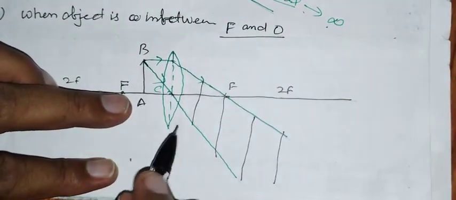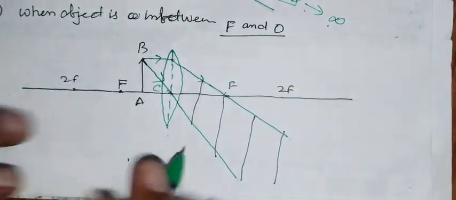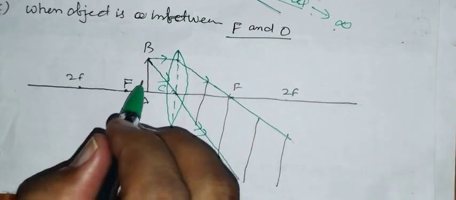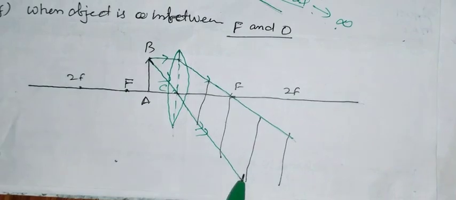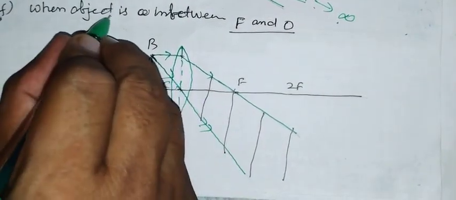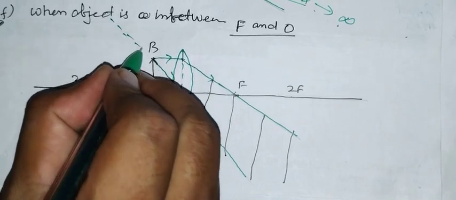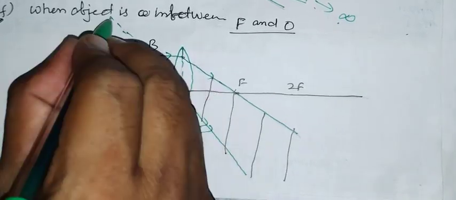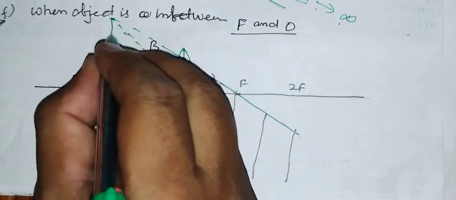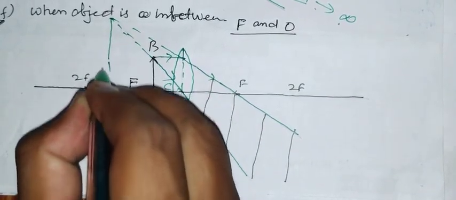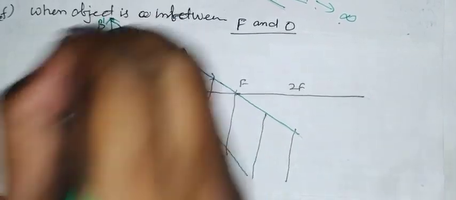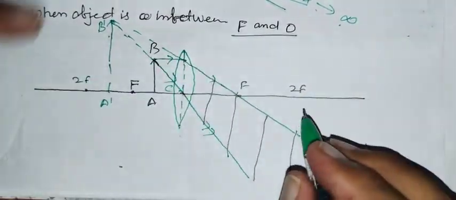So these two rays can never meet on the right side, so a real image is not formed. To see the exact location of the image, let us extend both rays backward. Image A dash B dash is formed here, a virtual image.